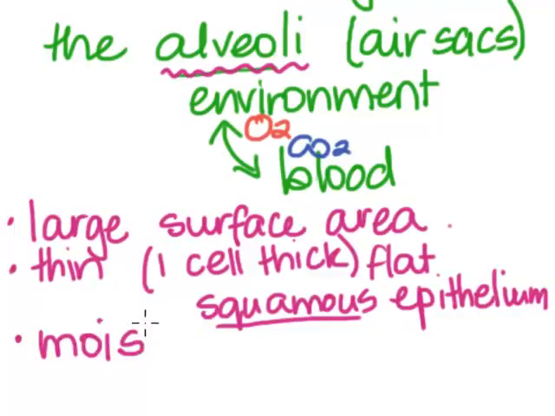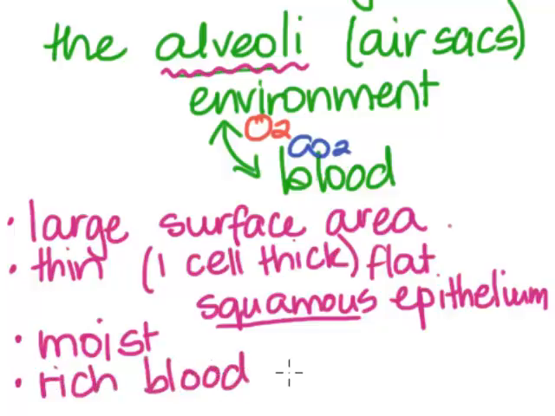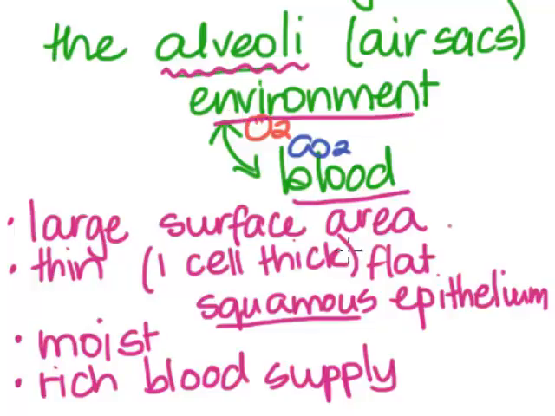These cells are constantly kept moist, and this will help the exchange of gases, and they have a rich blood supply. And this is important in order for the exchange of gases from the body into the environment.